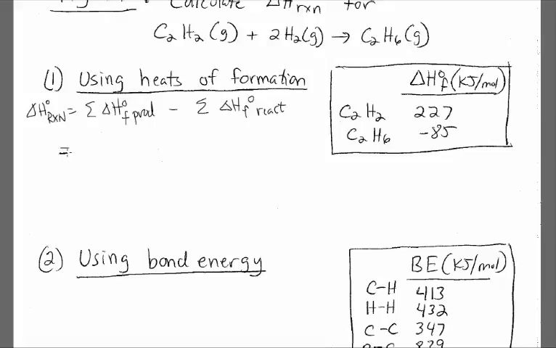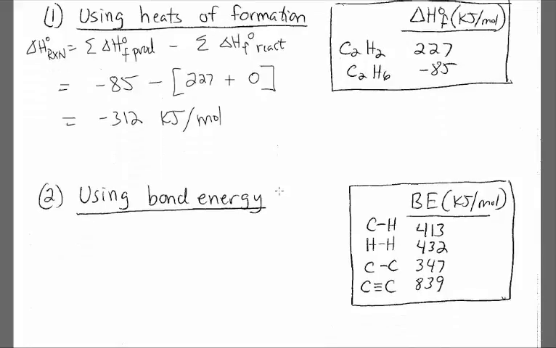Okay, for this, we have the heat of formation of the products, C2H6, so that's negative 85. These are all in kilojoules per mole. And we subtract the heats of formation of the reactants. C2H2 is 227. Hydrogen is an element, so that is 0. And so your answer is negative 312 kilojoules per mole.